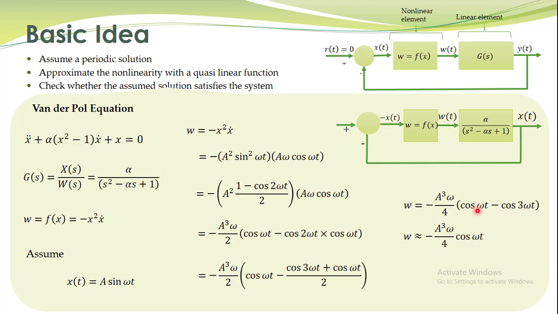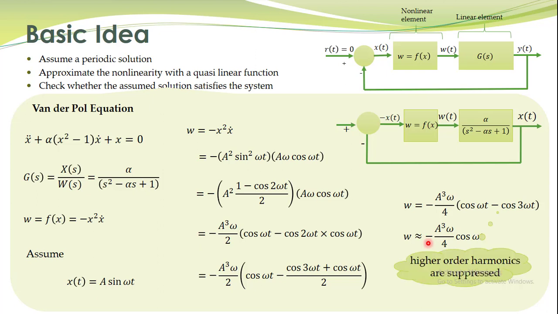It will only pass the first harmonic. Higher order harmonics will be suppressed. That is, this w of t is approximately equal to this thing. It is not exactly equal to this thing. Here is the approximation, and we shall also study the effects of this approximation.